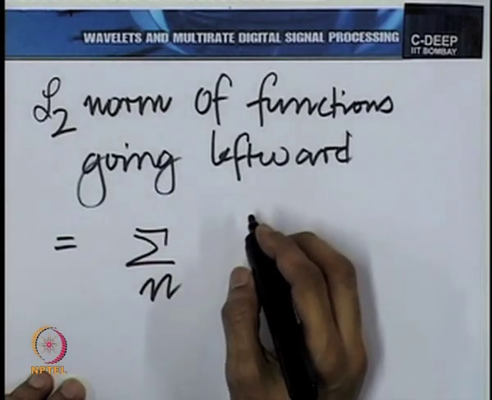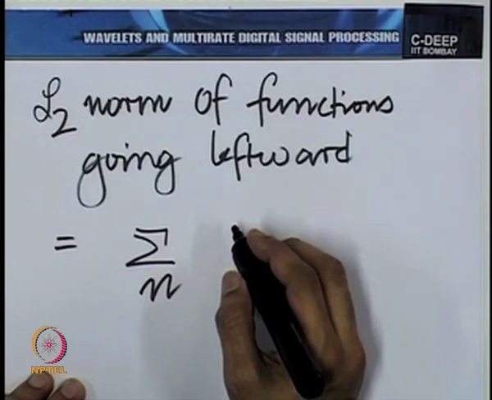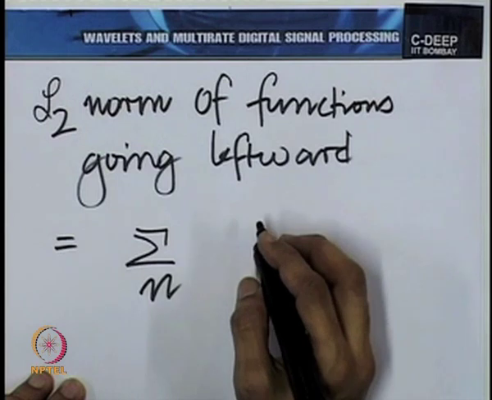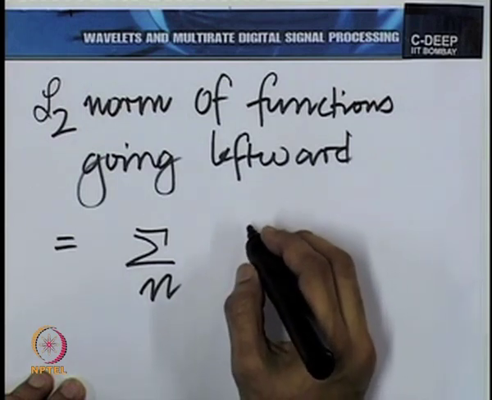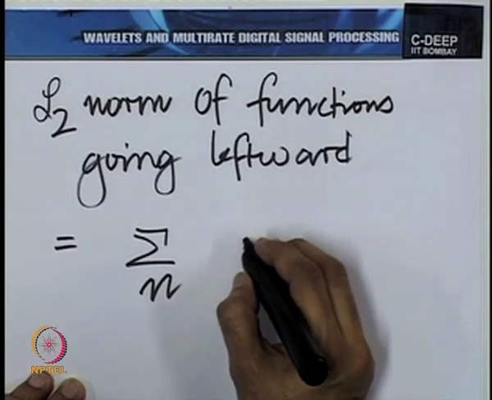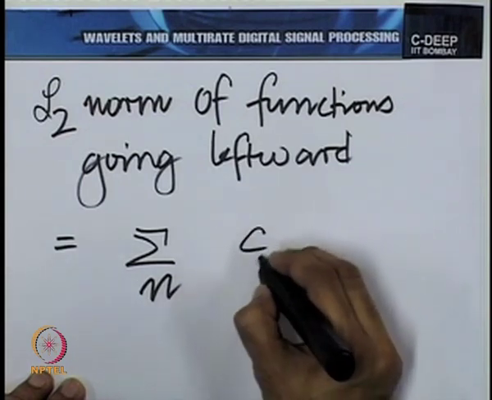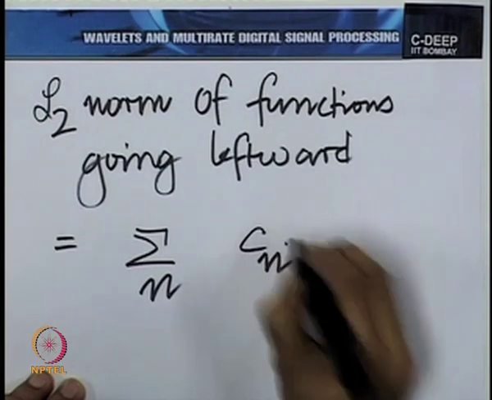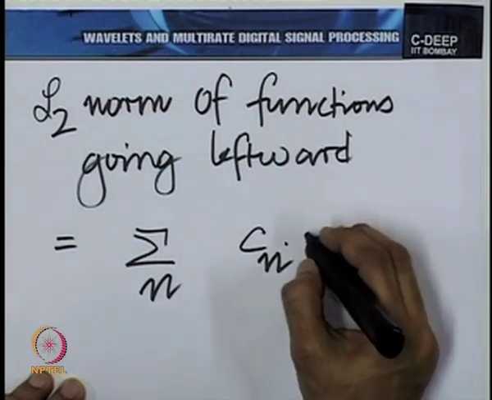Now, you see, remember the L2 norm is the integral of the absolute squared of the function. And please remember the function is piecewise constant. So, you have one constant, let us call it C n on the nth interval, and the interval is of size 2 raised to the power minus m.